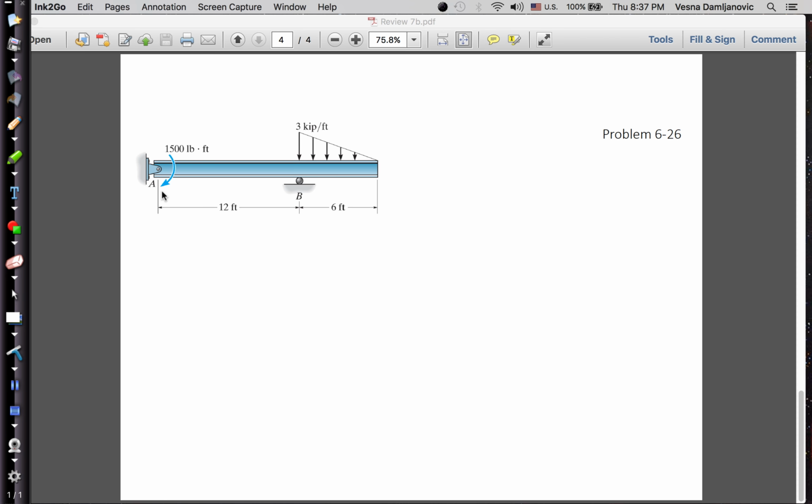And then we have a moment right at that support here, which is 1,500 pound-foot. Well, since this is in kips, let's just make it easier and get rid of all those pounds, and we just call that 1.5 kip-foot. So now everything is in kips and in feet.